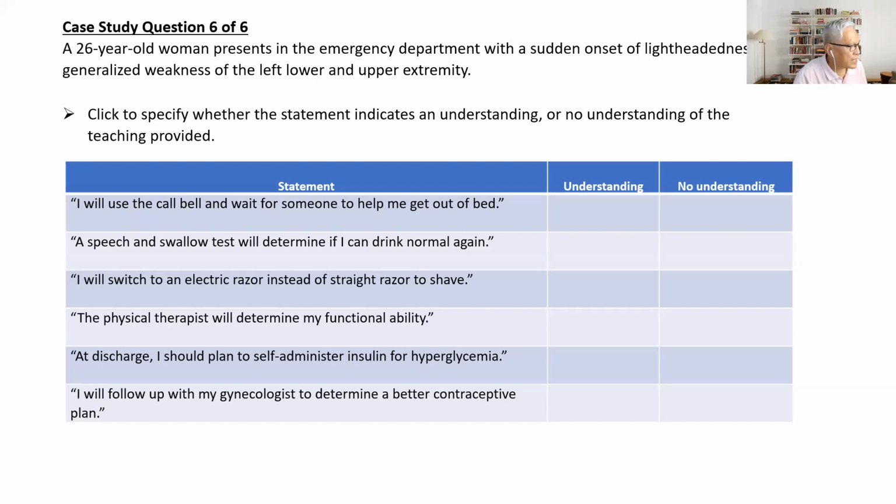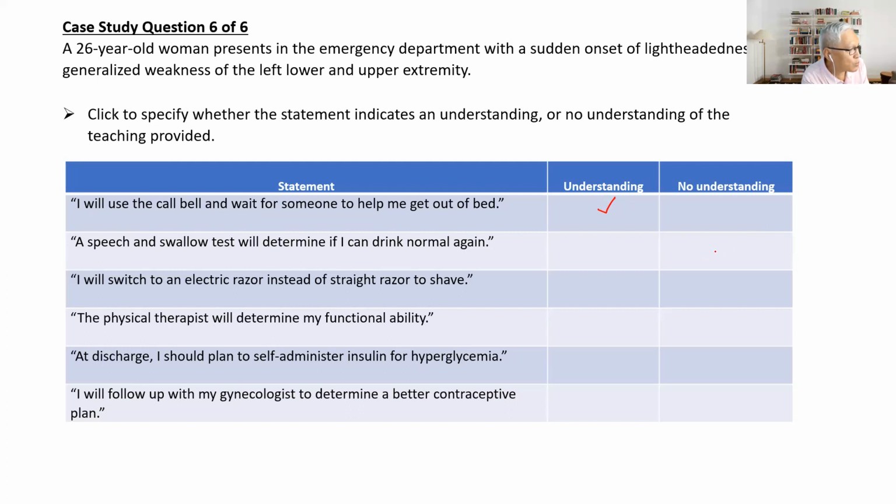Okay, so let's see. I will use the call bell and wait for someone to help me get out of bed. This is obviously correct. It is a manifestation of the understanding that he has, because these patients are going to be at risk for falls.